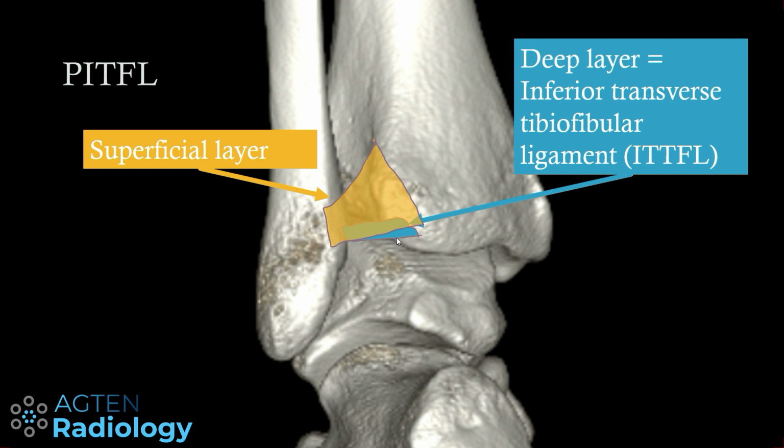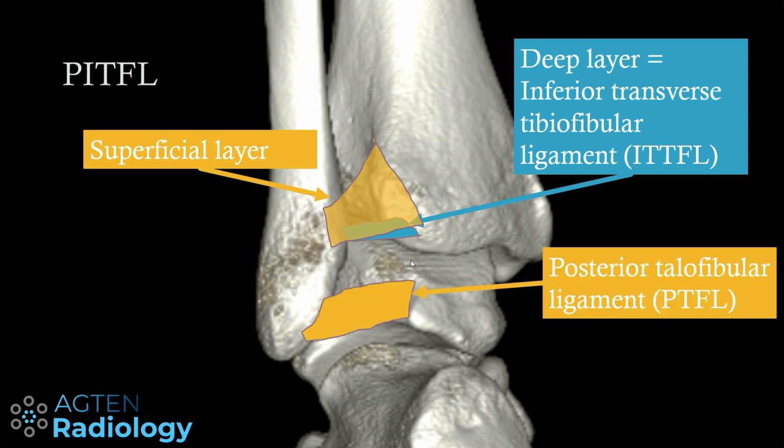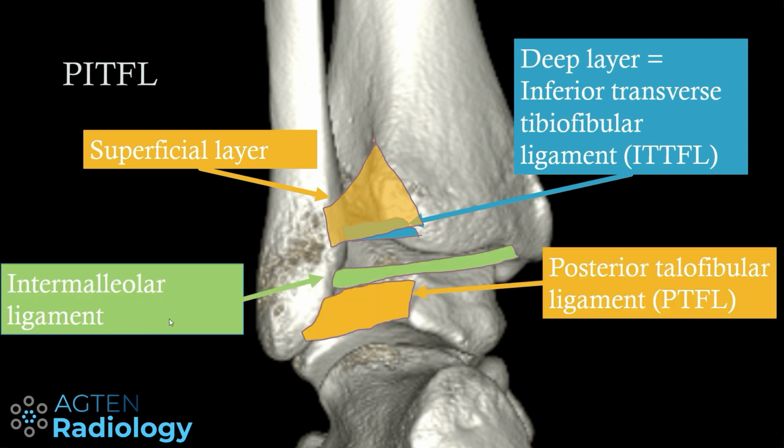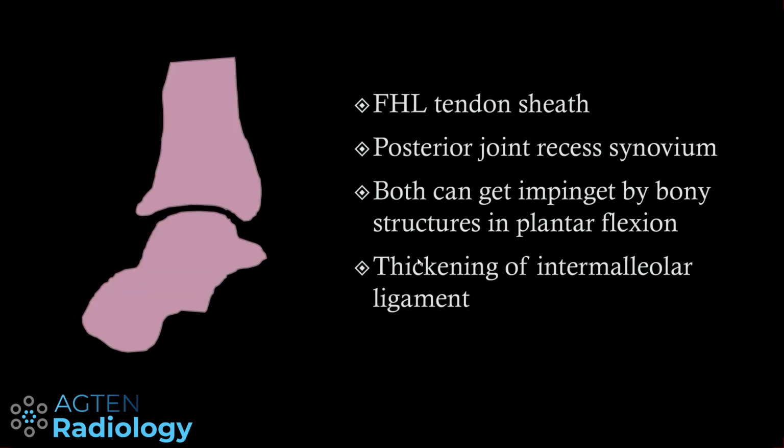We can have a look at this ligament later on the MR. The second structure is the intermalleolar ligament, which runs from the fibula to the tibia, and there are some varieties in where it inserts. Sometimes it's in the middle, sometimes it goes further medially. So these two ligaments basically.